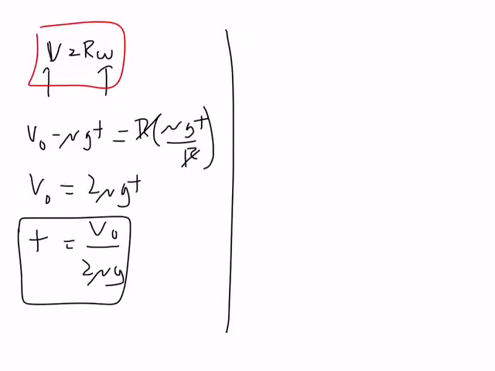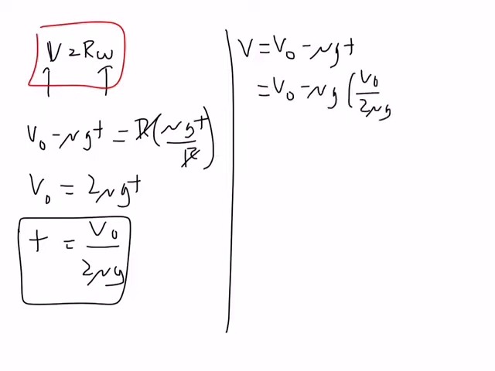So the next thing is we have a time, and we want to know how fast we're traveling. Well, we know V equals V naught minus mu gt, and we just found t, V naught over 2 mu g.